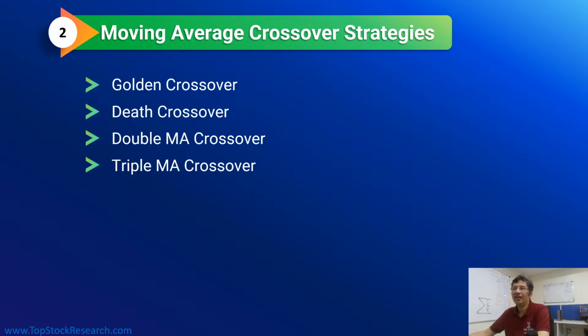Now, moving average strategies. One of the most popular moving average strategies is the golden crossover and death crossover. They are just opposite to each other. A golden crossover in general is when a shorter moving average crosses above a longer moving average, but generally it is considered as the 50 and 200-day simple moving average. And then there are double moving average crossover and triple moving average crossover.